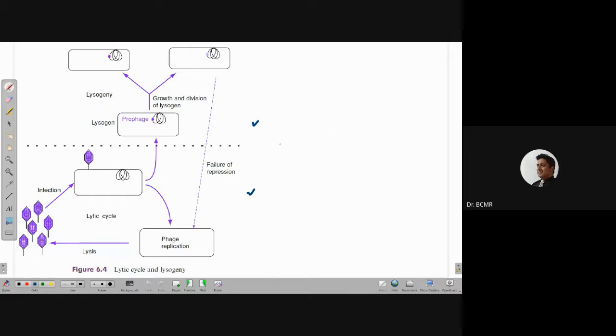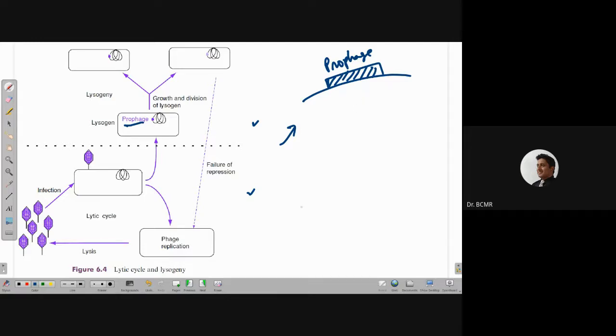I think we already discussed lysogeny and what is meant by a prophage. If the phage integrates into the bacterial chromosome, and this is the whole of phage DNA, that is called a prophage. If it is a virus integrated into, say, human genome, then you call it a provirus, which is usually a reversible process by site-specific recombination.